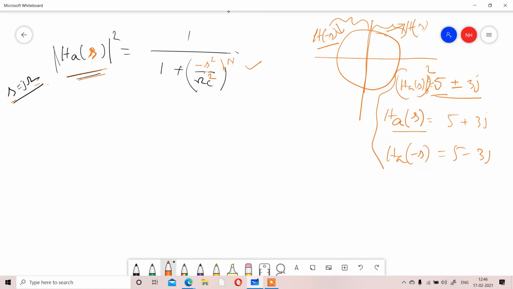That means H_a squared you can write as H_a(s) multiplied by H_a(minus s).